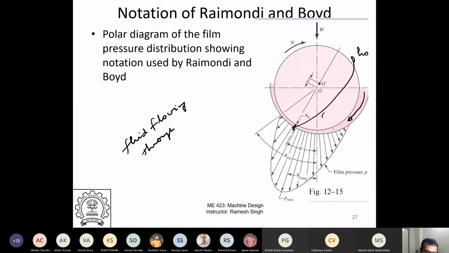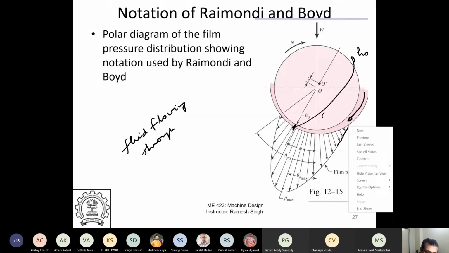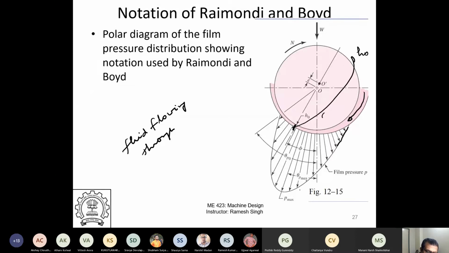You see, the pressure starts to build up. This is the film pressure. It keeps on increasing, and P max is a little bit before the minimum film thickness, and then the pressure starts to die out.